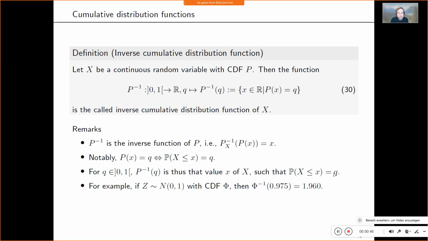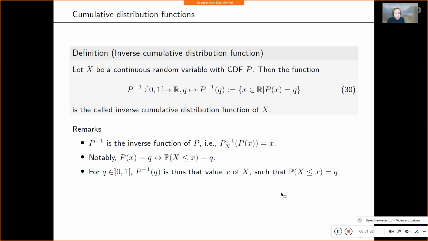So for example, if you have a standard normal distributed random variable z, and you denote its CDF by big phi, and then you plug in a probability into phi minus 1, for example, the probability 0.975, you get back the value 1.96, and this is the value such that the probability for the random variable z to take on values smaller or equal to 1.96 is 0.975.